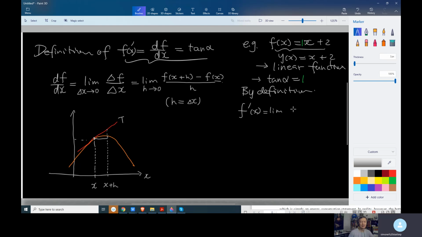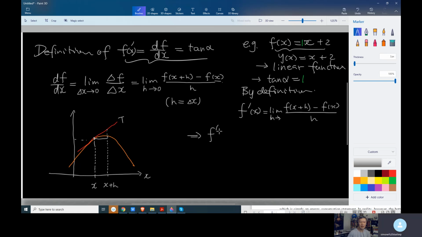What can we do? The first term, just copy that first: f(x + h) minus f(x), divided by h, as h approaches 0. Let's shift this; we have more space here, so let's start from here instead.